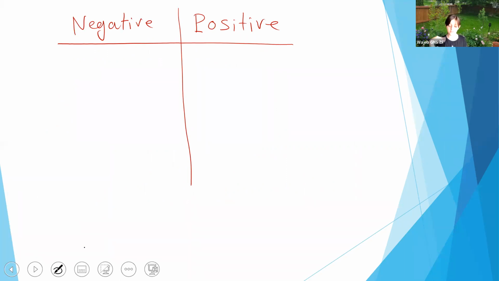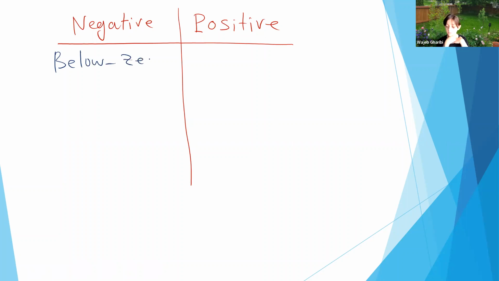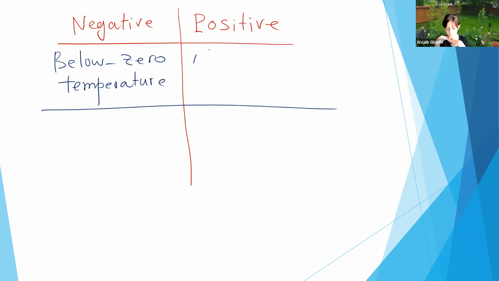So we can write below zero temperature and above zero, and they are opposite each other. So below zero is negative, above zero is positive. See, this is positive, this is negative.